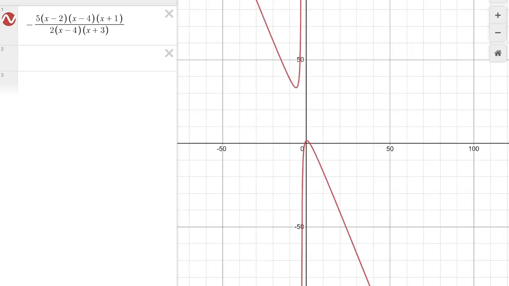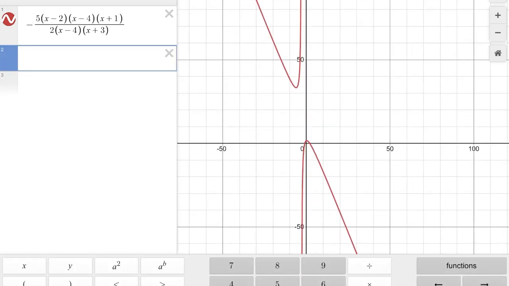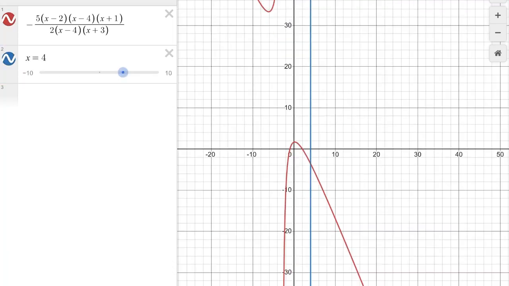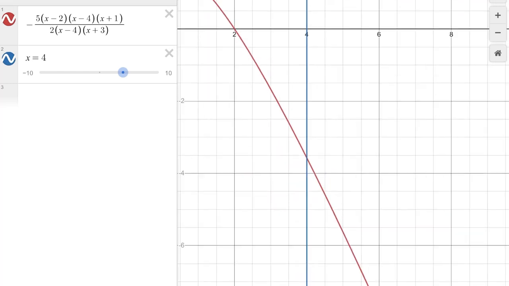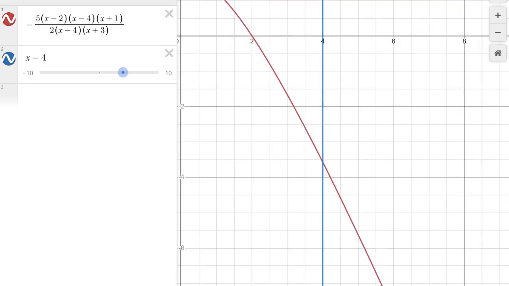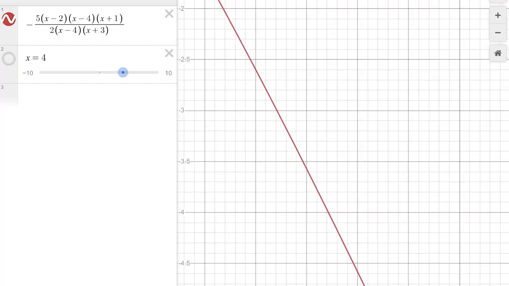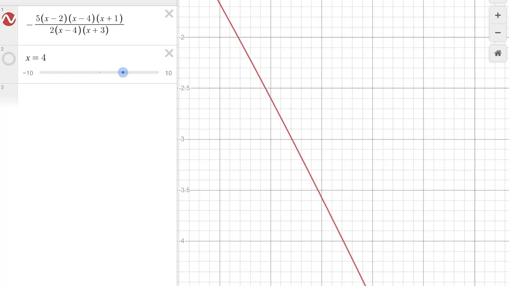This is what our function looks like. And I want the hole, x is equal to 4, remember? Okay, zoom in. Can I just put in a line of x equals 4?